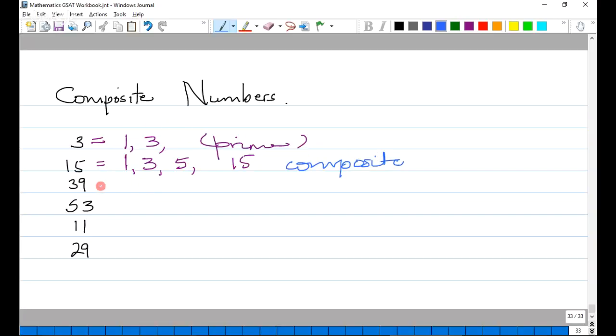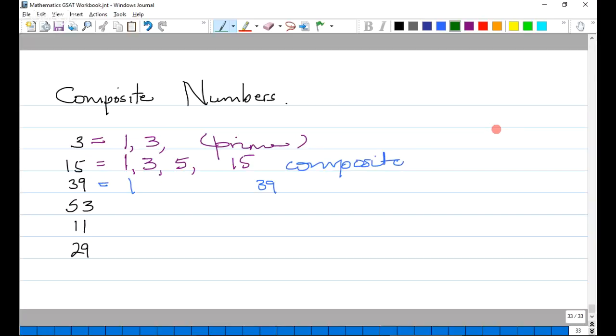All right. Look at 39. 1, 39. Any other number can go in there? No, sir. Really? Let's try. Add the 3 and the 9. What would I get? 12. If I add the digits and it's a factor of 3, good.